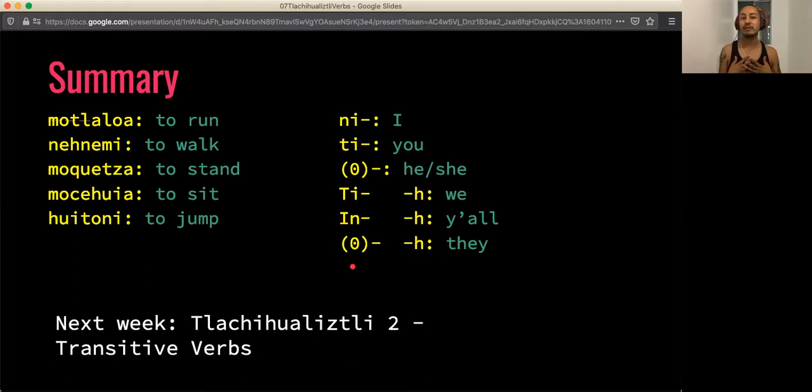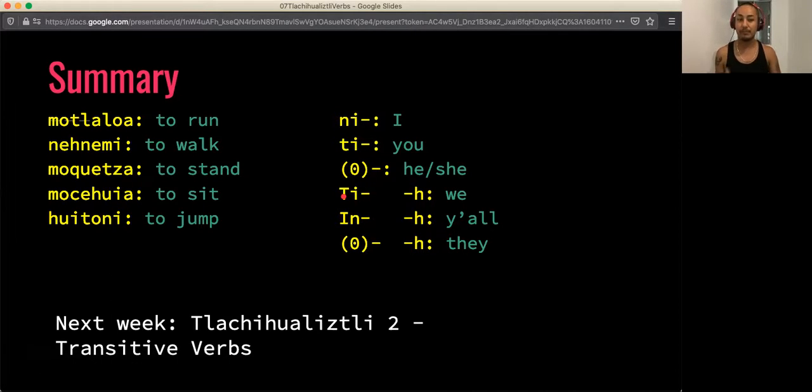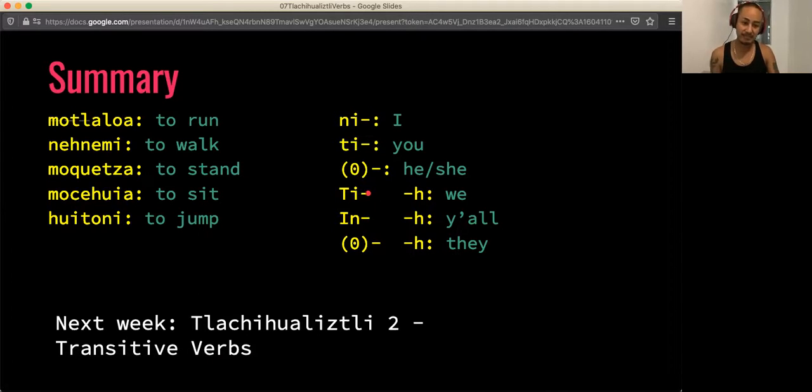Whereas when you put them in front of nouns, it means I am this, you are this, he or she is this, we are this, etc. It depends where you put these prefixes, it changes the meaning. There is no word for to be in Nahuatl, but putting these prefixes is how you say to be. And putting these prefixes in front of a verb says who is doing the action.